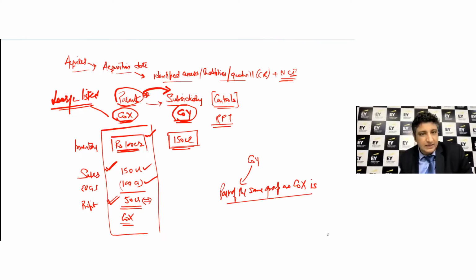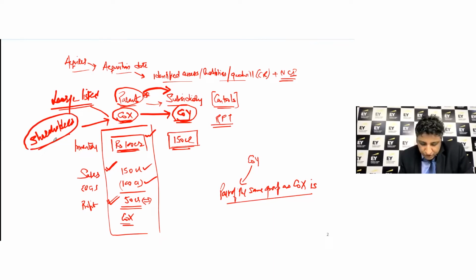As a group, they are a single business, because if I say that there are shareholders of company X, who had put their money into company X, right? Company X, in a way, is a shareholder of company Y, which simply suggests that the money of those shareholders of company X is further invested in the shares of company Y.